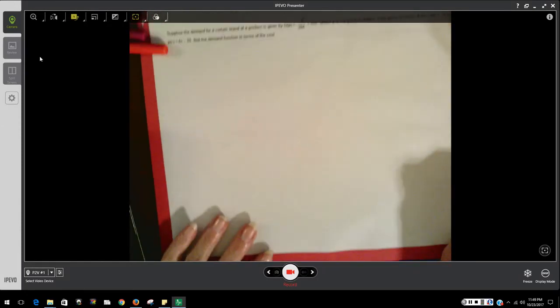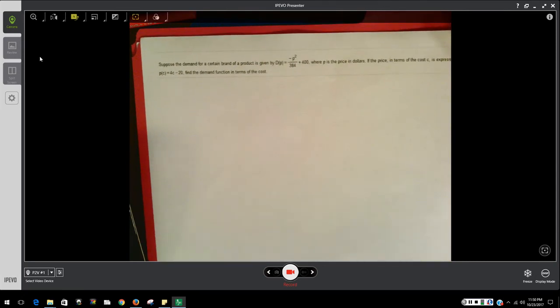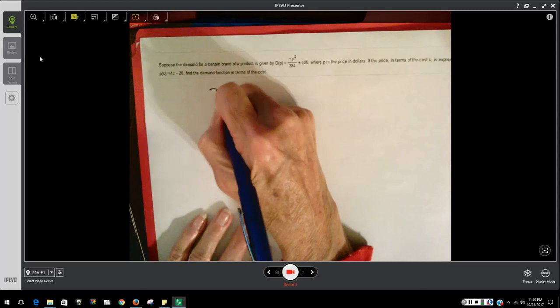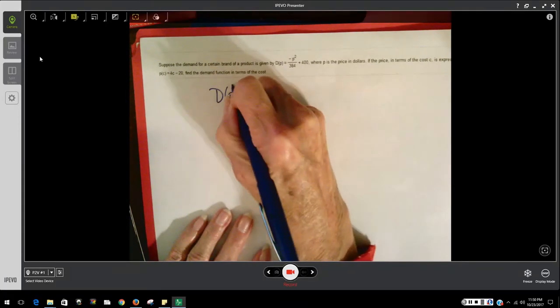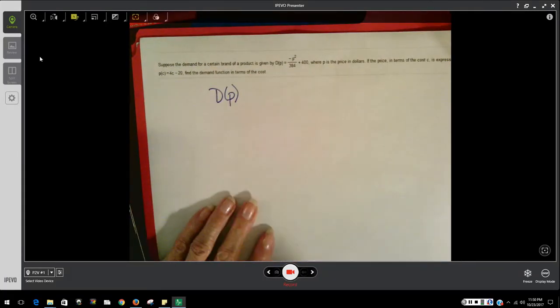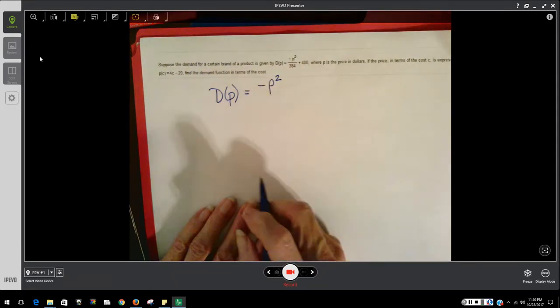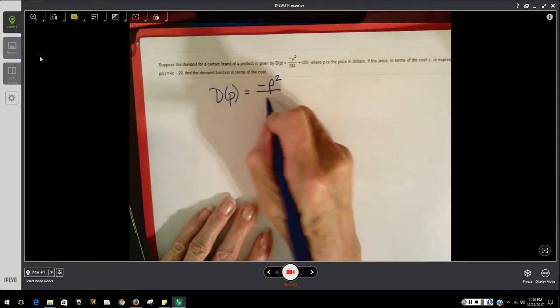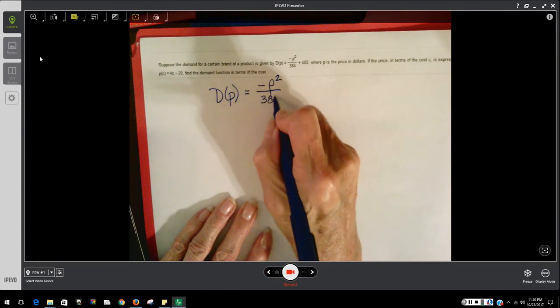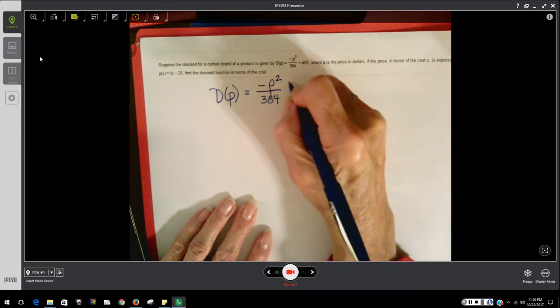Our last problem is a little bit hard to read. The print's kind of small, but we'll get through it. Problem says, suppose that the demand for a certain brand of product is given by D of P, the demand at a price P, is equal to negative P squared over 384 plus 400.